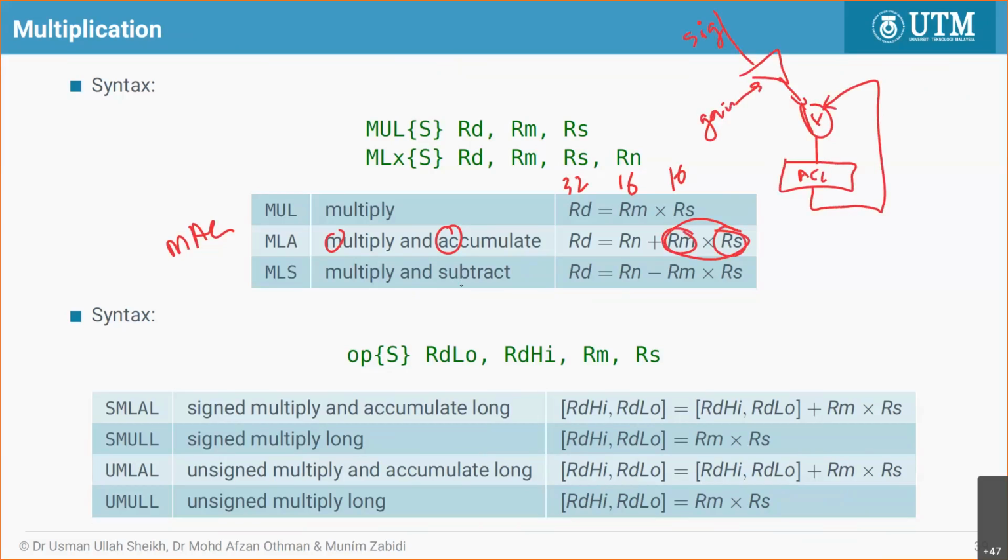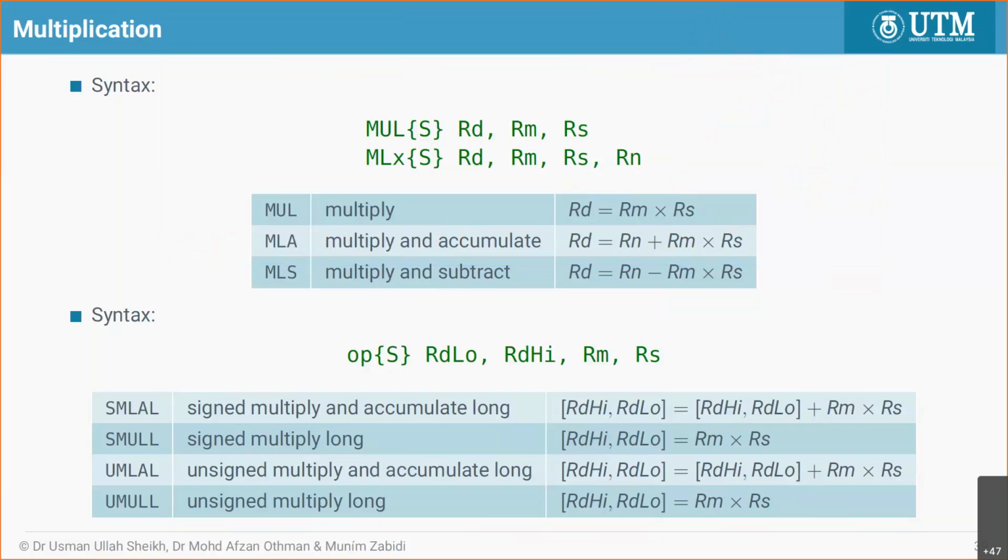So signal times gain, and then it gets added to the accumulator. This is not the correct diagram, but get the idea, more or less.